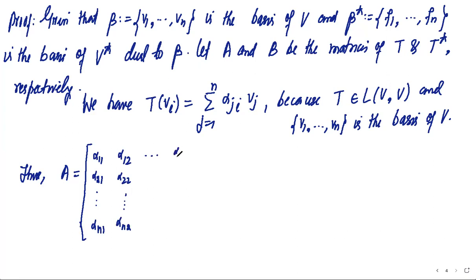Now here this will be alpha 1n, alpha 2n, and this is alpha nn. So therefore the matrix A is alpha ij, n cross n.